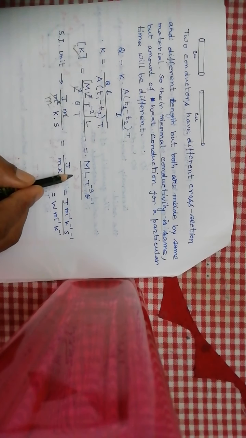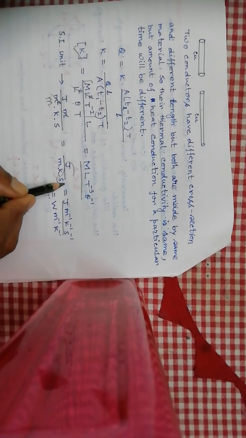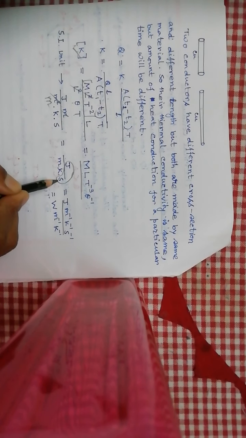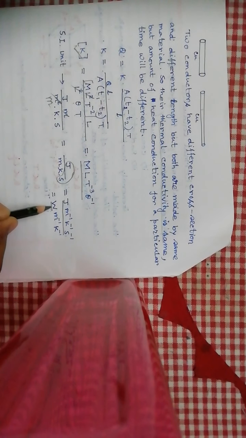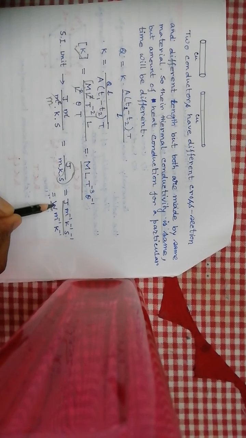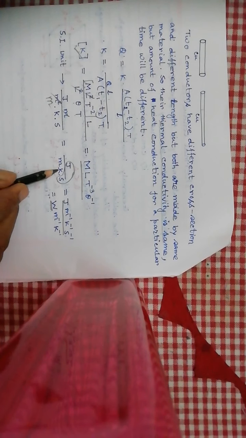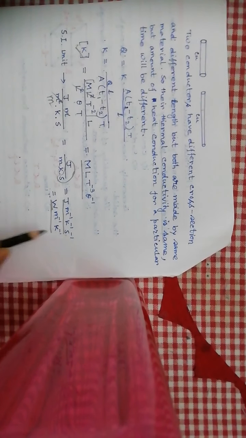Now we know that this portion, joule by second, that means joule per second, is known as watt. So watt m to the power minus 1, K to the power minus 1 is another SI unit of thermal conductivity.